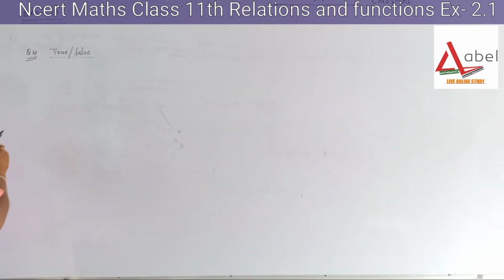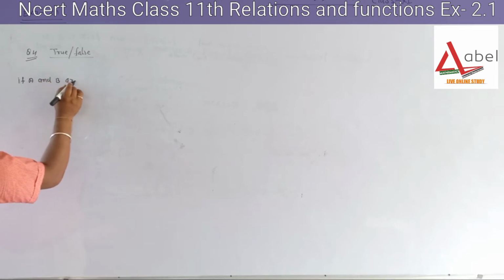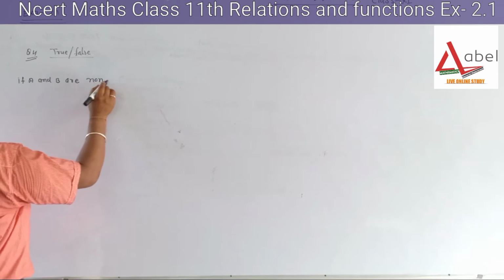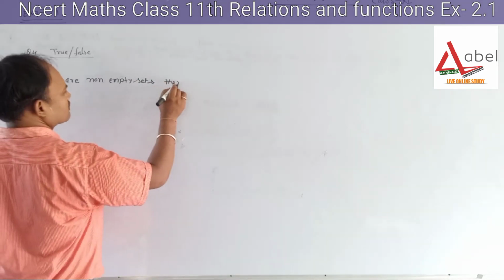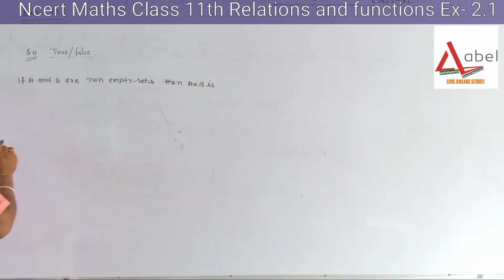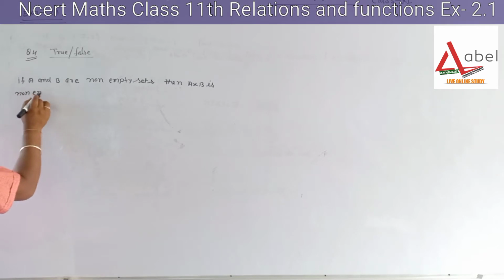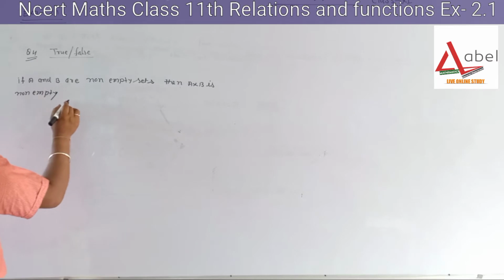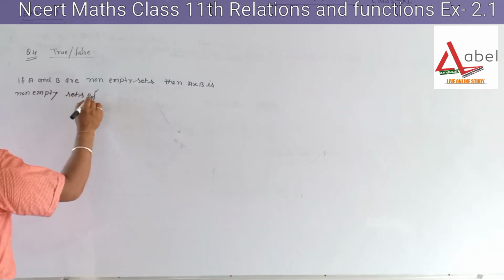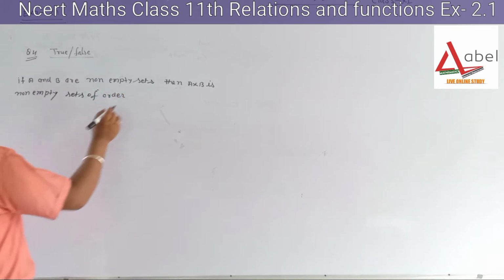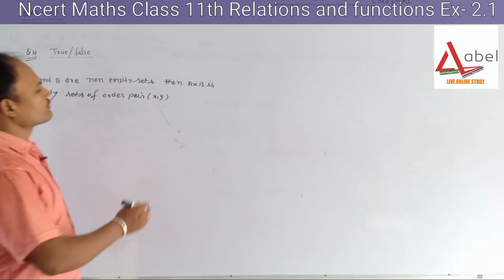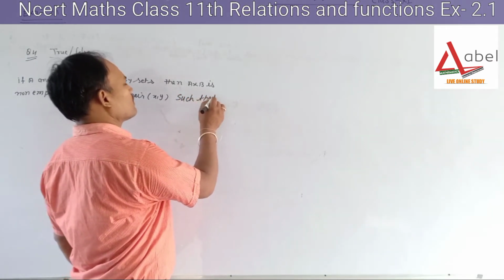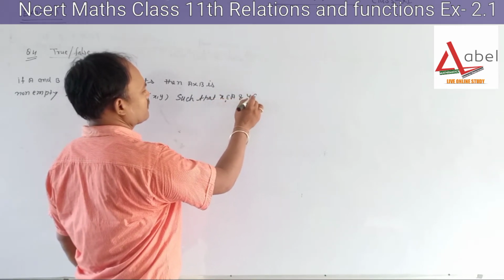Okay, the second part is: if A and B are non-empty sets, then A cross B is a non-empty set of ordered pairs x comma y such that x belongs to A and y belongs to B.